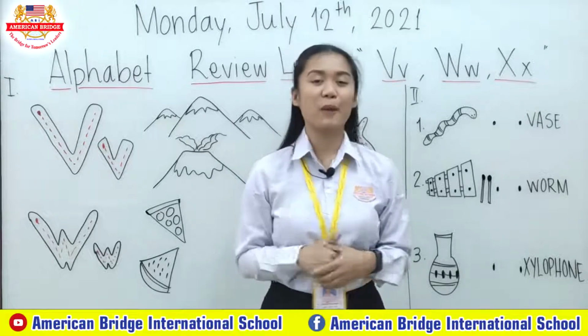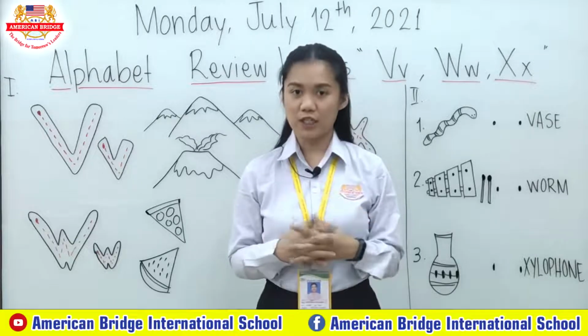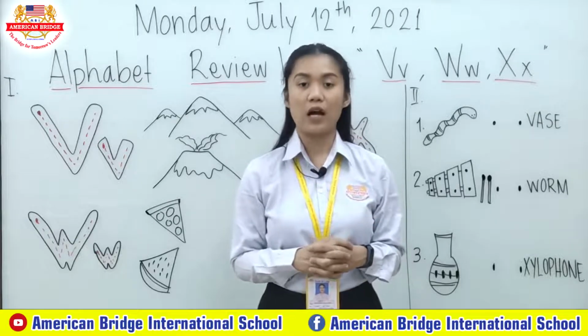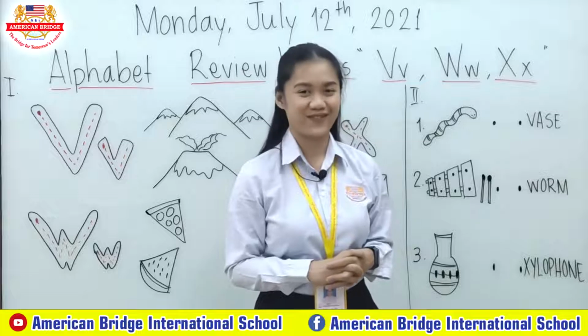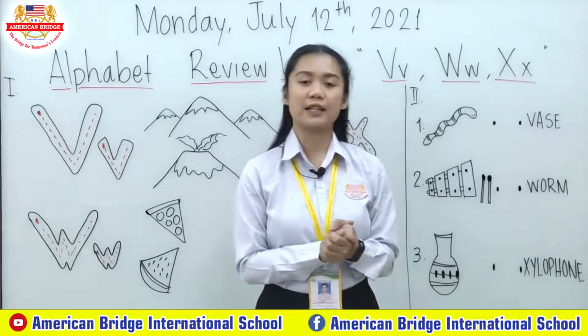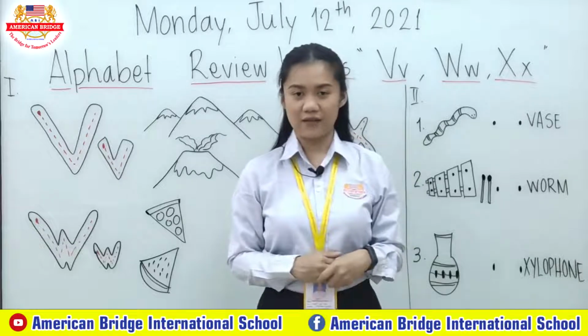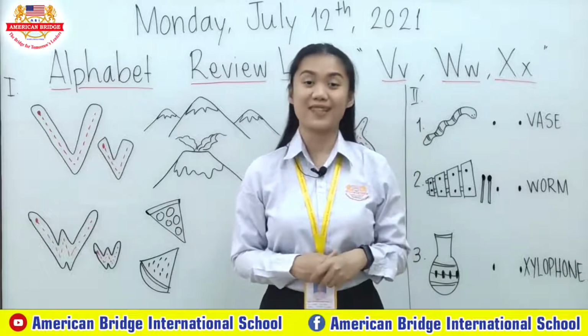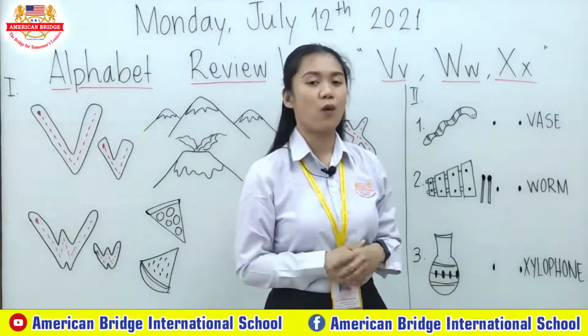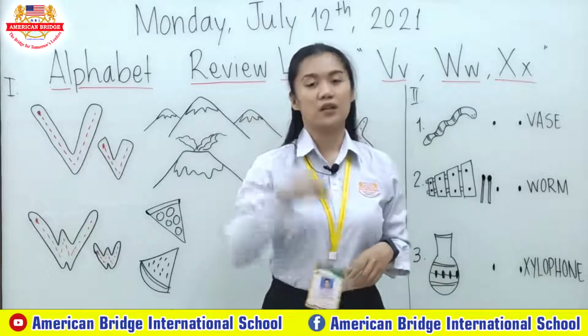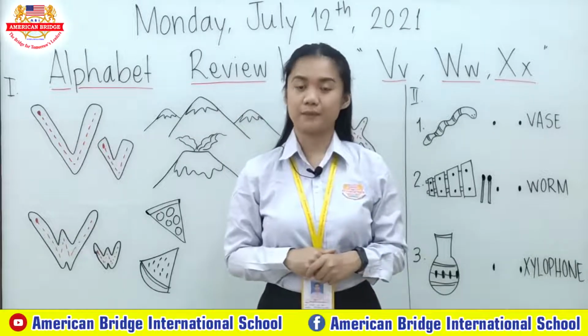Now, do you still remember the pictures that I have shown to you a while ago? Really? Okay, so let's answer this second activity. I have two parts for our second activity. The first one is we have to trace the letters.